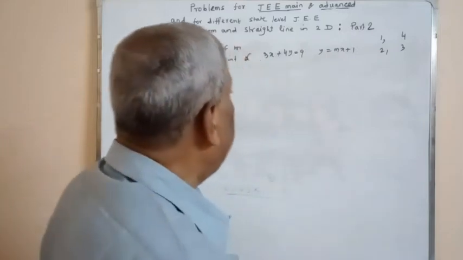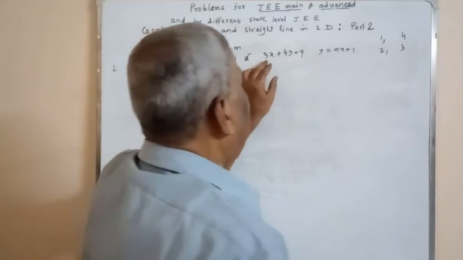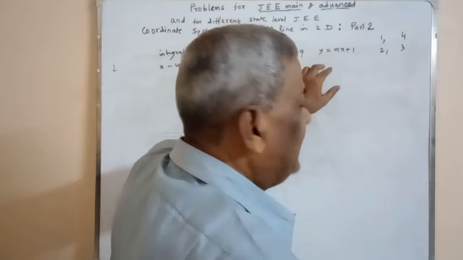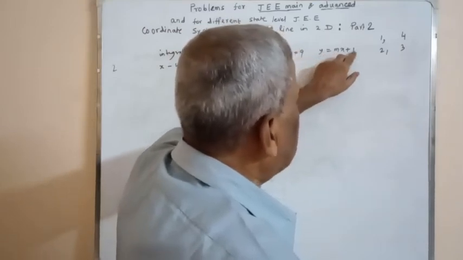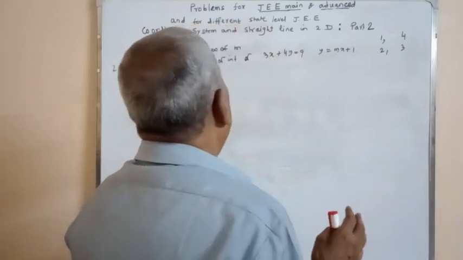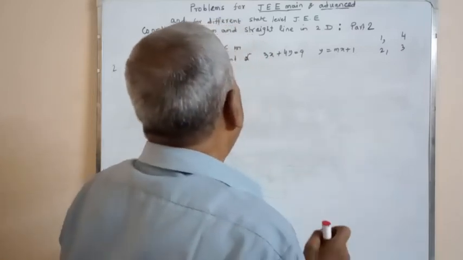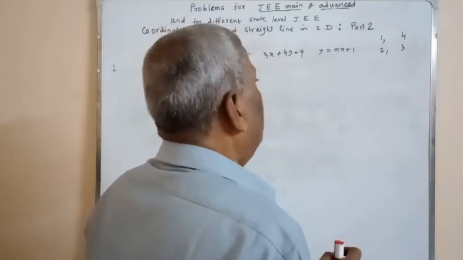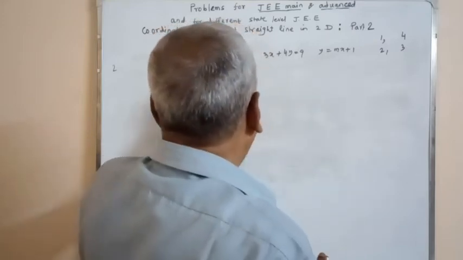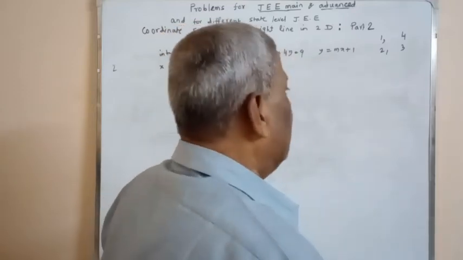So let us see what is the meaning of that. Two equations of straight lines are given. This is the first equation, all terms are known. And this is the second equation, y is equal to mx plus c, m is unknown. We have to find the integral values of m for which the x coordinate of the point of intersection of this and that are also integer.